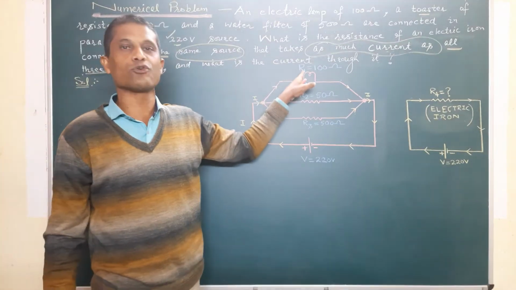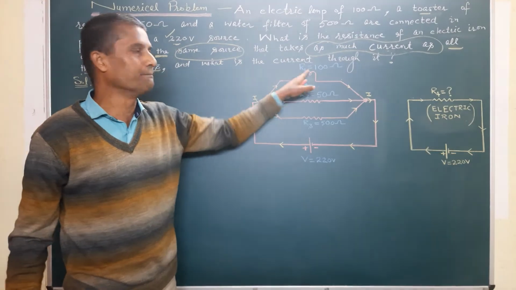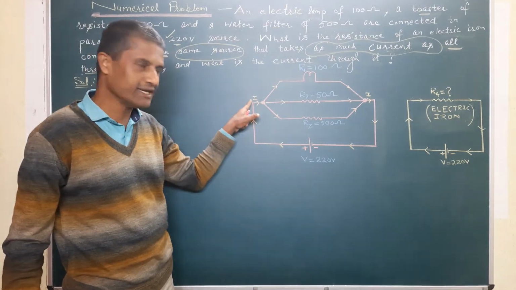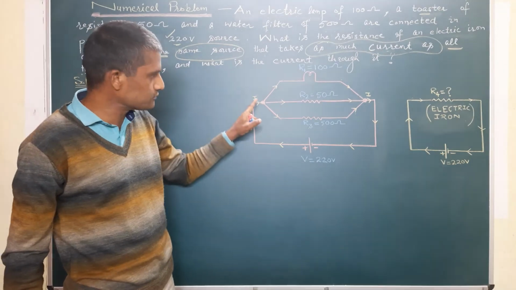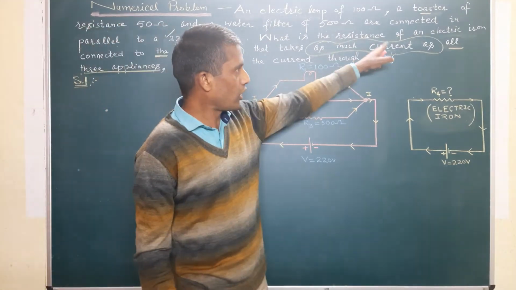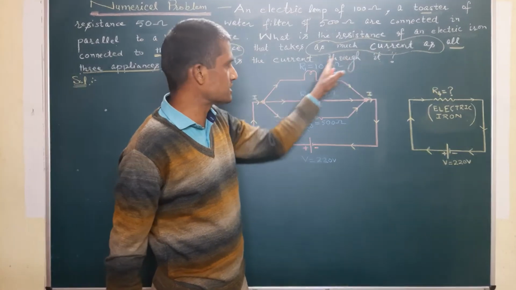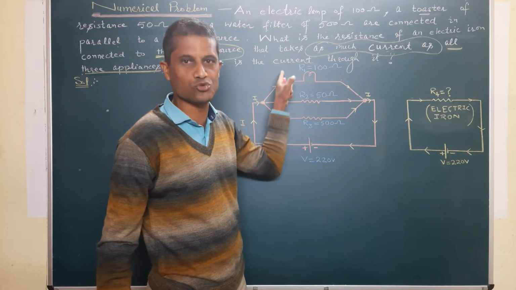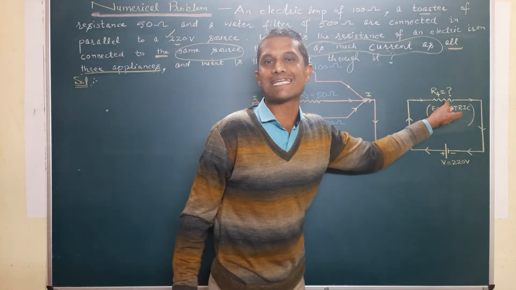So firstly we are going to find out the total current being received by the combination over here, that is the current I flowing in the circuit. Once we know the current I, according to this statement, the same current which is taken by these three appliances together will travel through the electric iron.